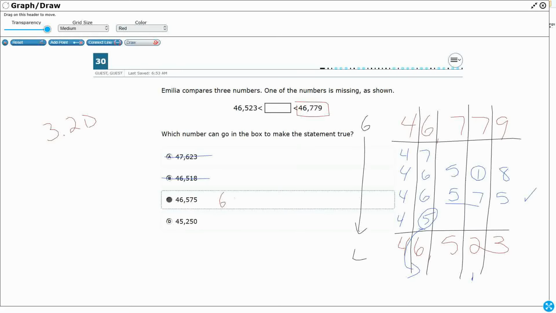We had 60% of our students get this correct. We had 24 choose A, so that was a pretty big distractor. Let's look at that. And so they only considered this first one, this 47, right? If you're looking at right here, and you just say 46, 523, if you're not drawing my thing, if you just want to look at it like this, it does work. 47, 623.